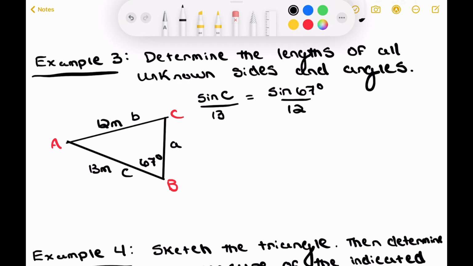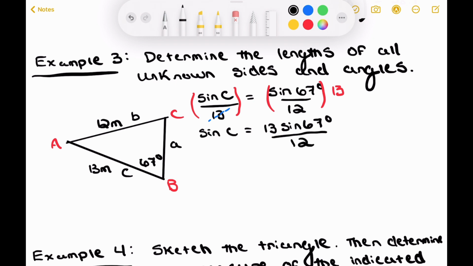Now let's rearrange this such that we get the 13 out of the denominator, which will help us isolate that sine C. It cancels this 13, and then we have sine C is equal to 13 times sine 67 over 12. And then finally, if we want C alone, or the angle at vertex C, we have to do the arc sine or inverse sine.